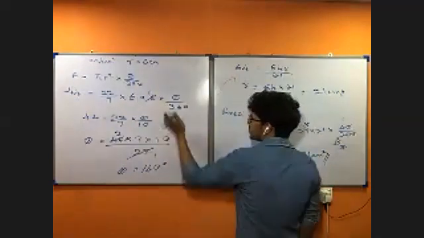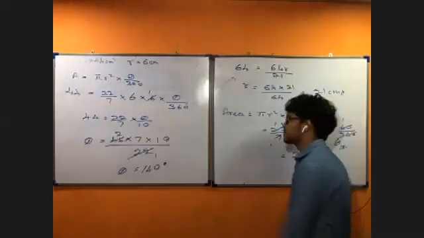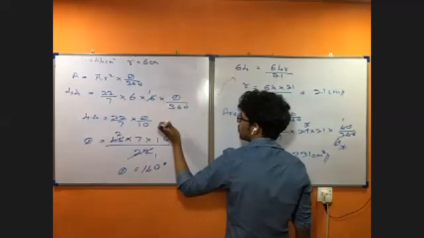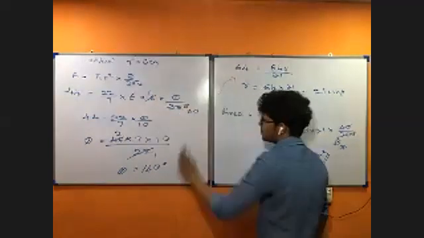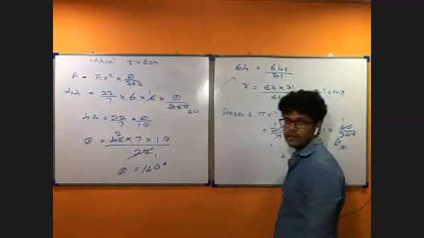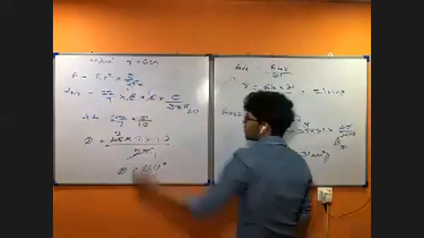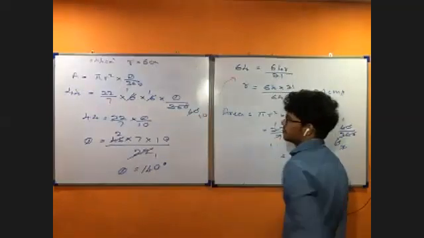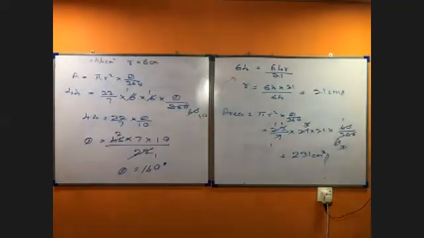Top and bottom, I'm going to divide with the same number. So 6 divided by 6 is going to give me 1, and 360 divided by 6 is going to give me 60. Then again, top and bottom, I'm dividing with the same number. 6 divided by 6 is going to give me 1. 60 divided by 6 is going to give me 10. That is how I simplified 360.